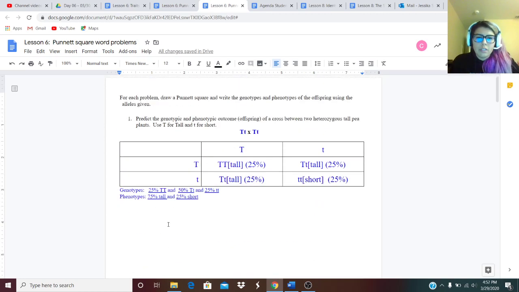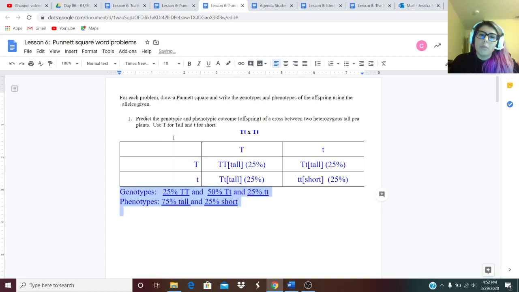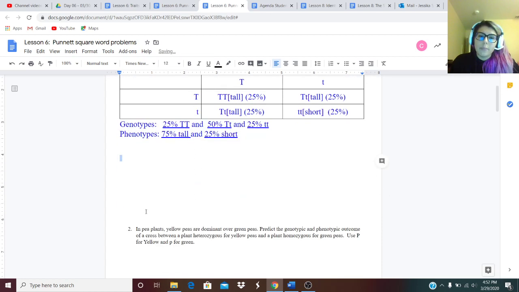All right, so that's what my answer should have. It should have the cross, the parents, the Punnett square itself, and then of course the actual answer for the genotypes and phenotypes, with the percentages, with the likely outcome of what is what, okay?